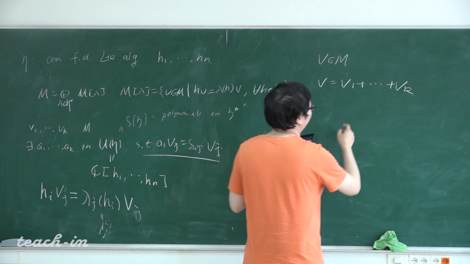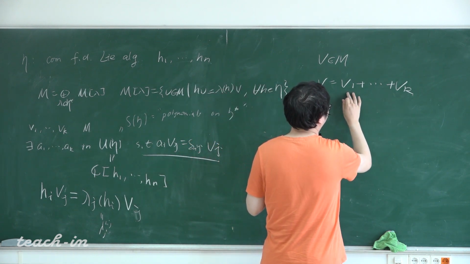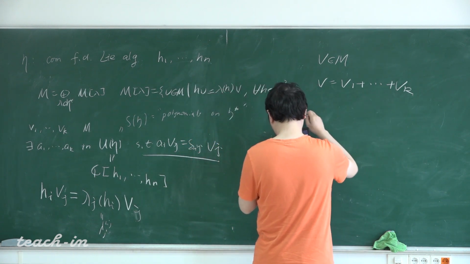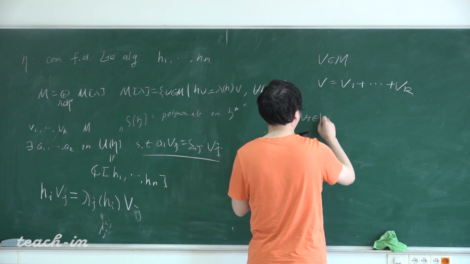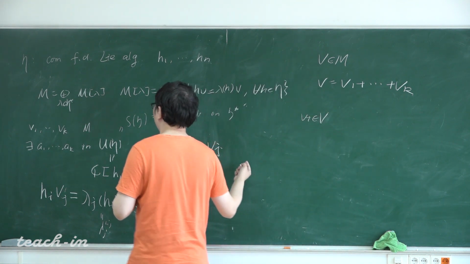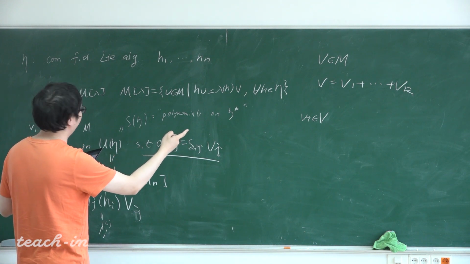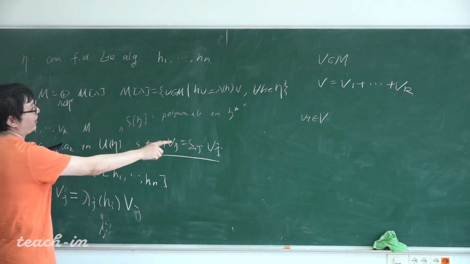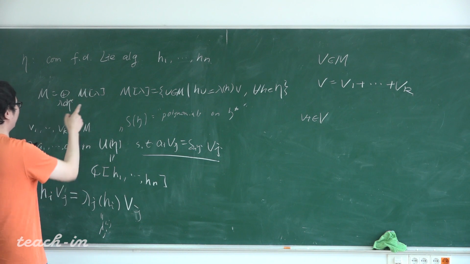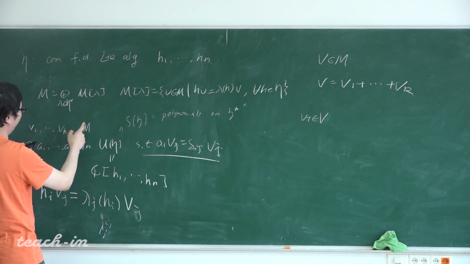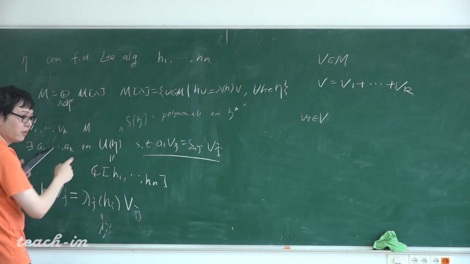Then we should prove that every vi is in V. So if this happens, it means the weight vector in V has the same weight as the weight in M.